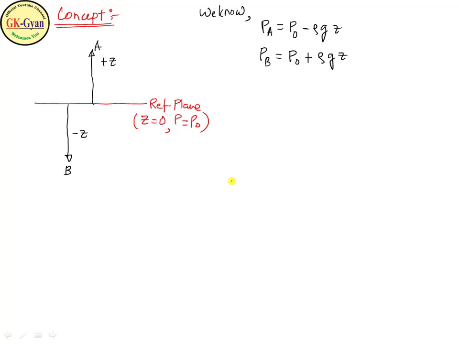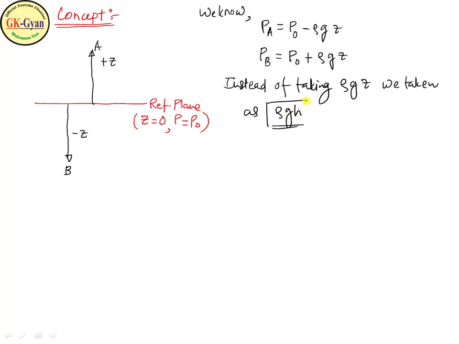So here instead of taking rho GZ, we take rho GH.